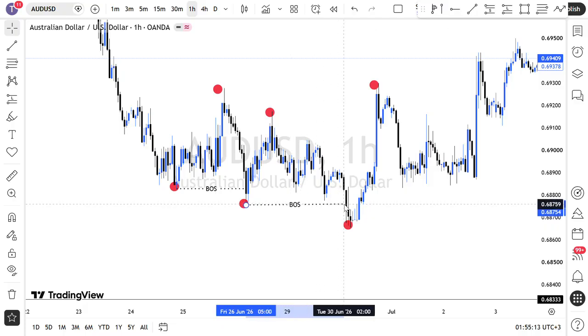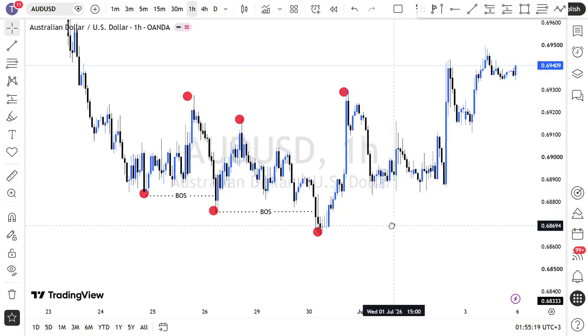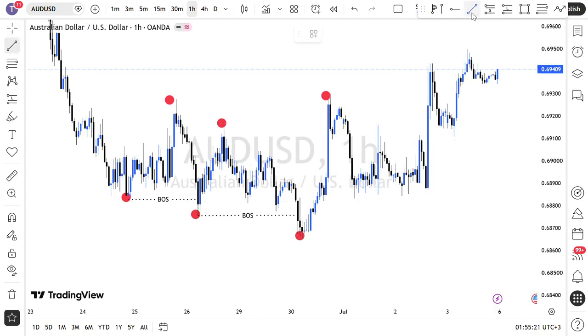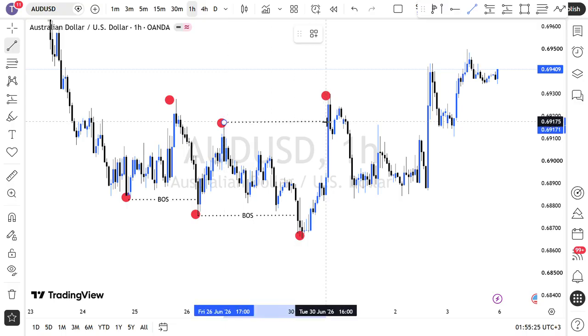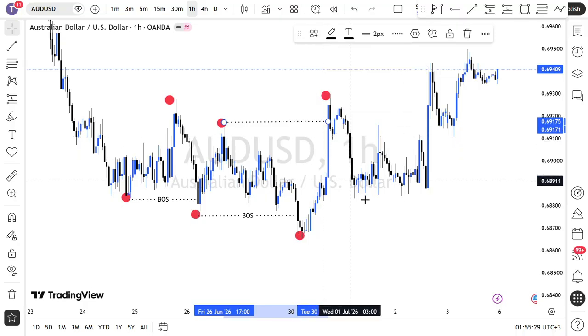After the market had this pullback, it formed another break of structure to the downside, and later on the market pushed up to take out that high, forming a change of character to the upside.